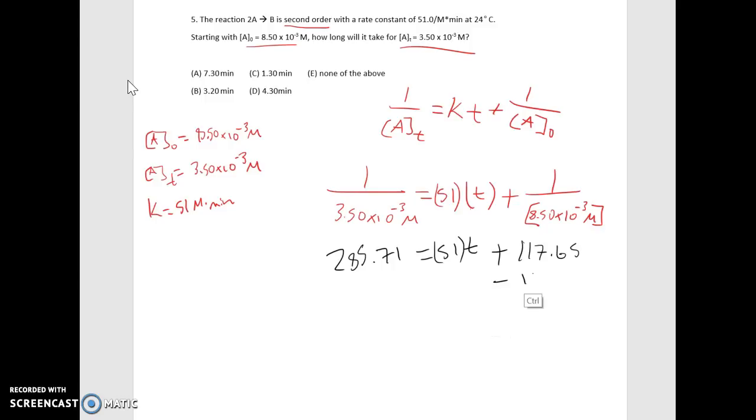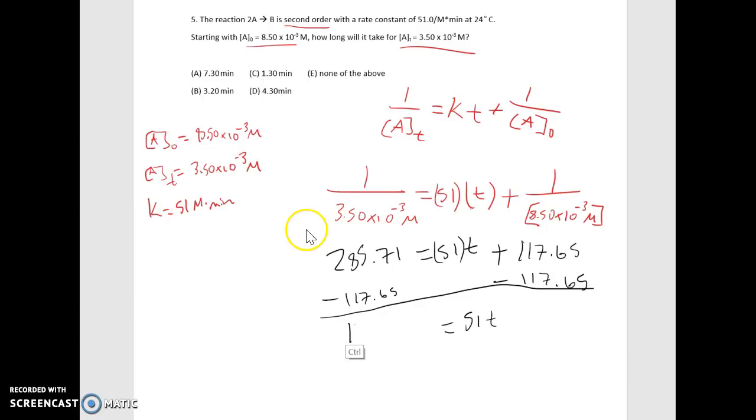And now we subtract the 117 because we're trying to get T on its own. So we have to move this over by subtracting it. And then 285 minus 117 is approximately 168.07.